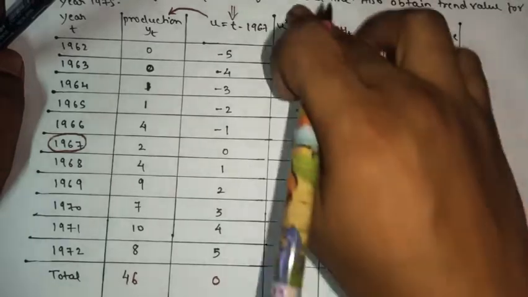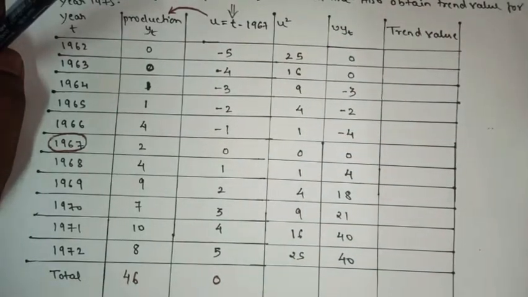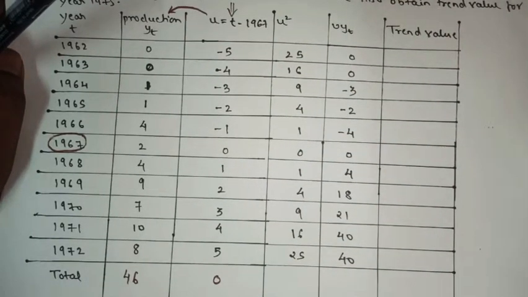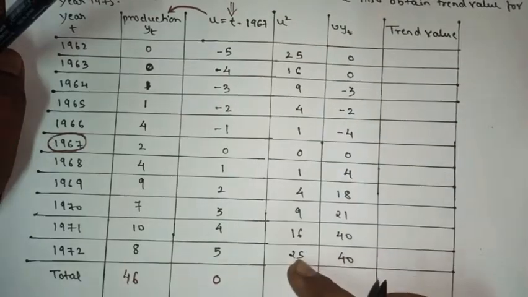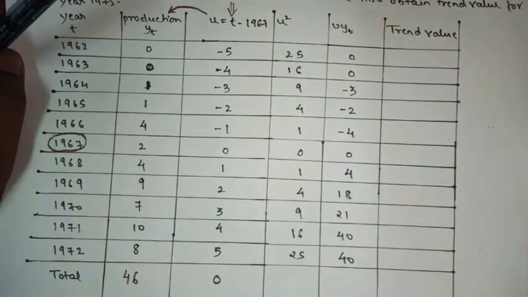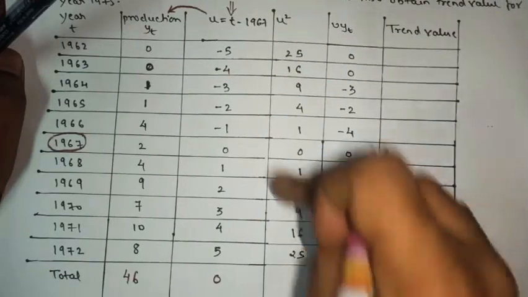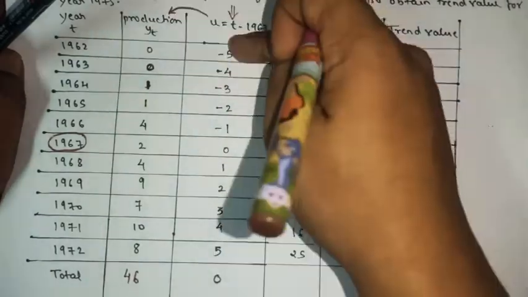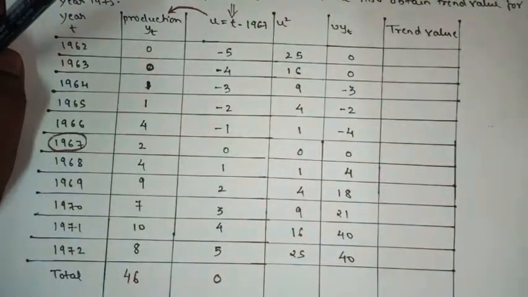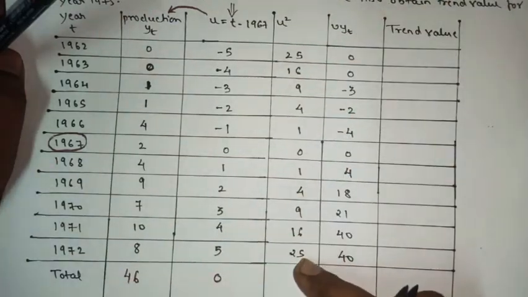Okay, now we'll find the total of u square. So 25 25, we cannot cancel here. Remember this, both are positive numbers. If the symbols are opposite, plus and minus, then only we can cancel it. Okay, so 25 25 is 50.